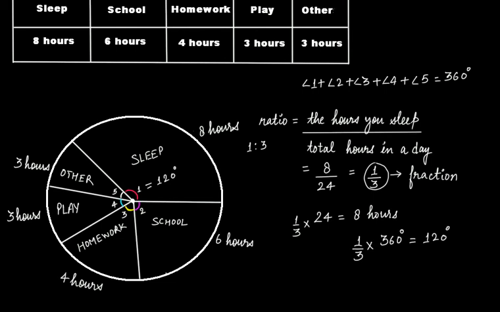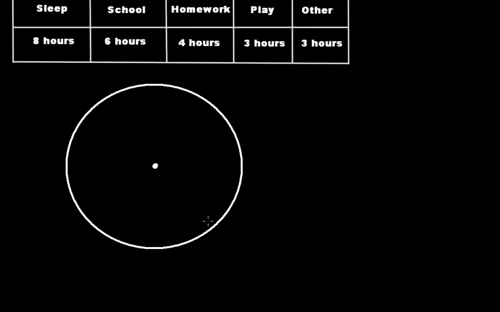So let's say this is our circle. Let's take this radius, and I'm going to draw a rough diagram. You can use a protractor or compass. Using whatever you use, you have to make 120 degrees. Taking this as a baseline, suppose we draw 120 degrees and it's something like this.